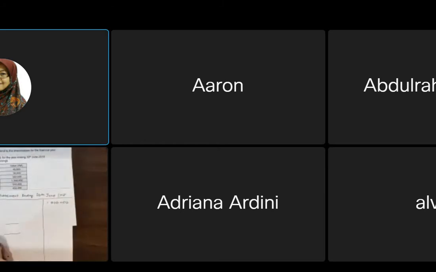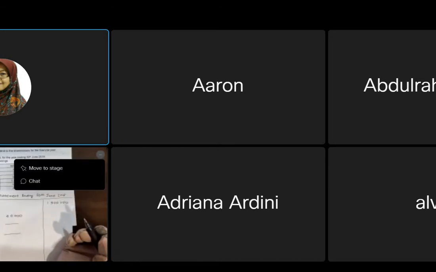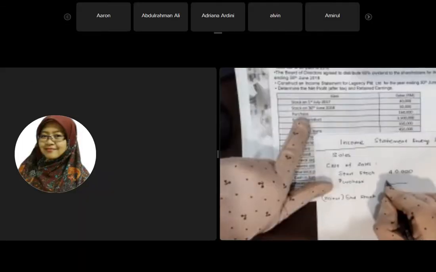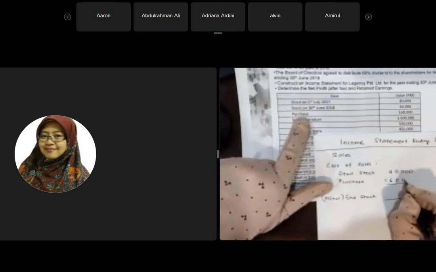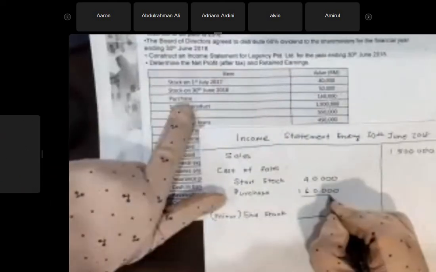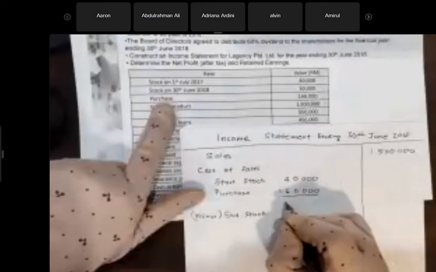What is the cost of sale? It is start stock. Your start stock is 40,000. And your purchase here is 160,000. Then what do you get?